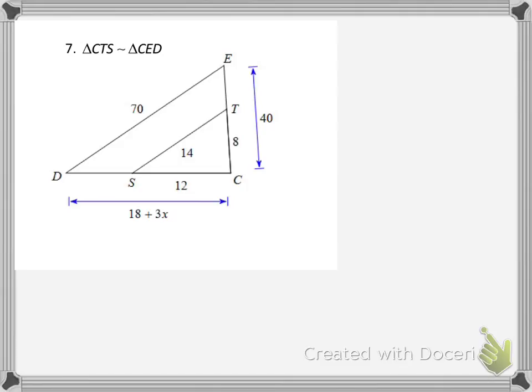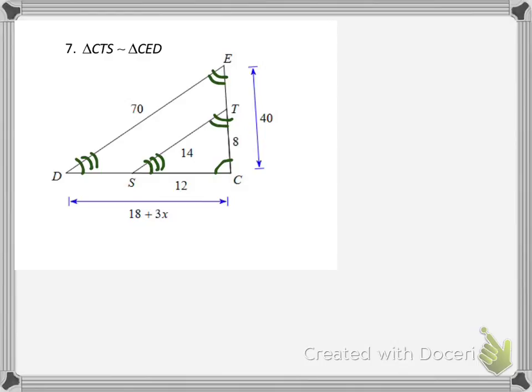All right, one last example here. This time, the two similar triangles are actually stacked on top of each other. But everything still matches up. Angle C is congruent to itself. Angle T is congruent to angle E. Angle S is congruent to angle D, right? According to the similarity statement.